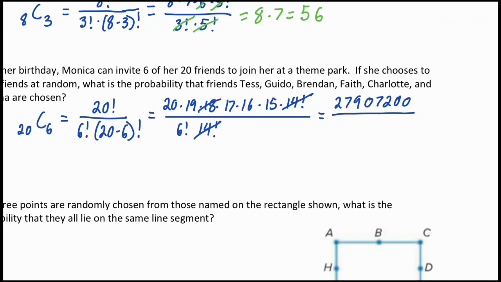Finally got 3876. Oh yeah, I didn't do that. Does that make sense though? It's 6 factorial, not just 6, right? Yeah. Okay. And so what's the probability that we pick these 6 people? 1 out of 38760.